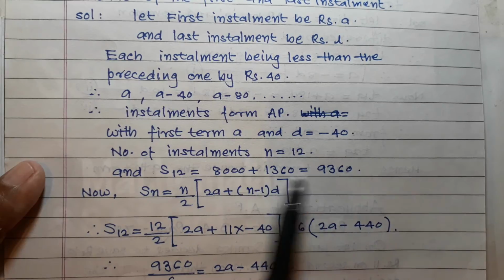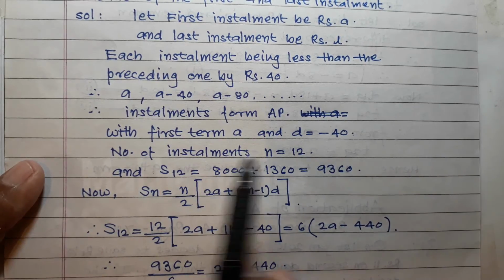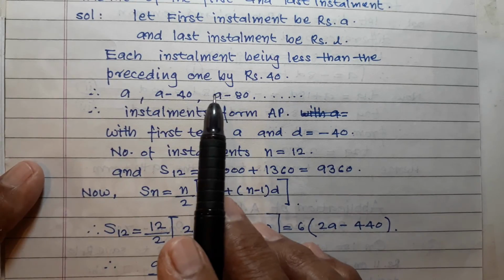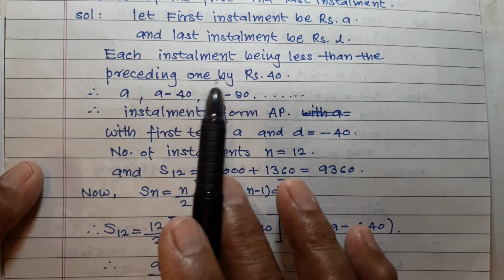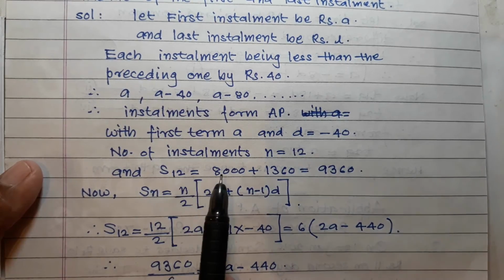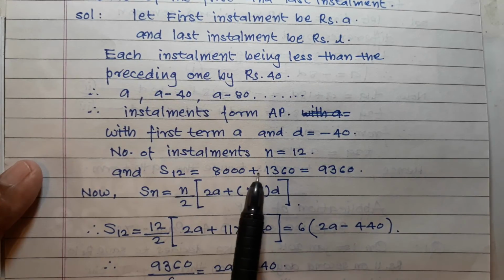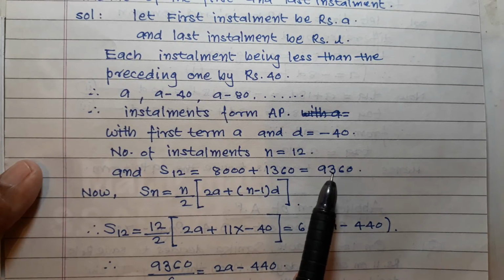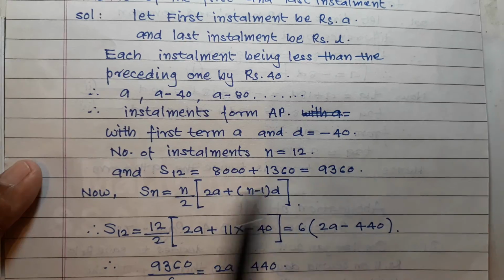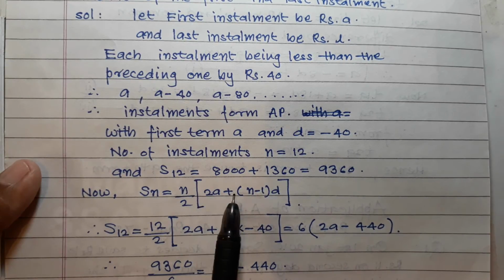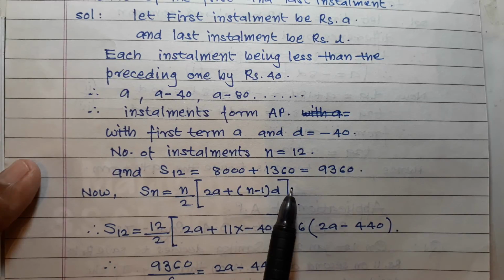And then you write down your formula. The sum of all these is equal to whatever is borrowed plus interest. So S12 is equal to 8000 plus 1360 is equal to 9360. And now Sn is equal to n upon 2 into 2a plus n minus 1 into d.